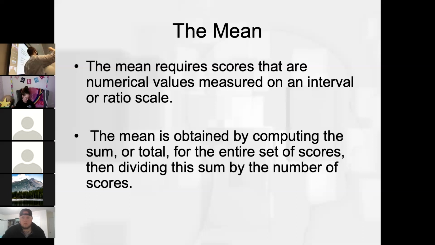You can't get everybody's favorite color and say, okay, well, the average color based off of a numerical division of people's scores is this. And so you calculate the mean by summing all of the values and then dividing by the number of scores.